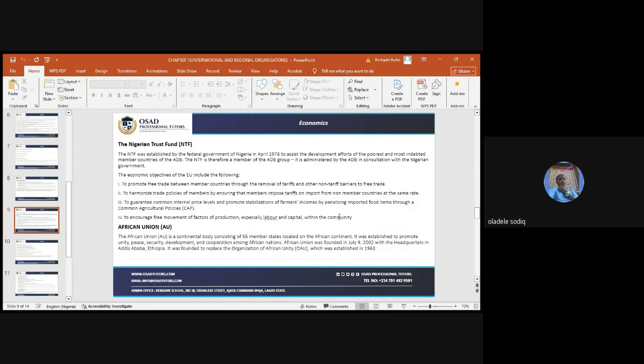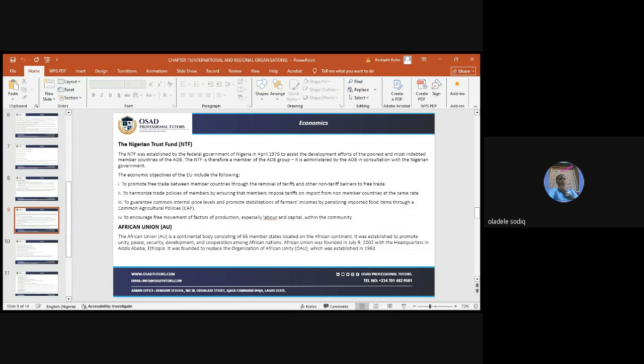You'll be asked on all these dates, where the headquarters is, when they were established, how many member countries they have. So the African Union has 55 member states, and all the 55 member states are located where? In Africa. Talking about African countries. And the headquarters is where? It is in Ethiopia.